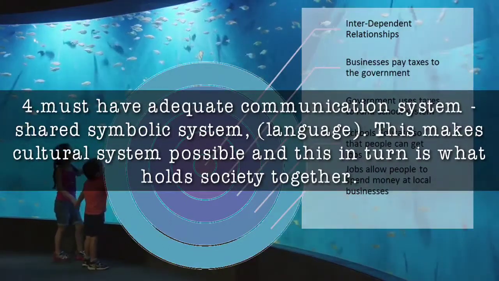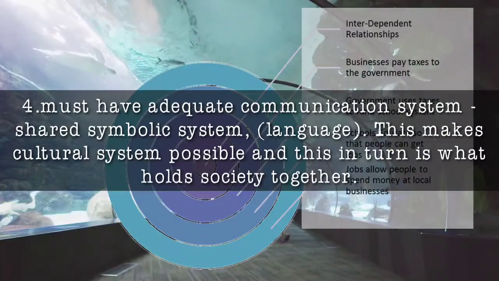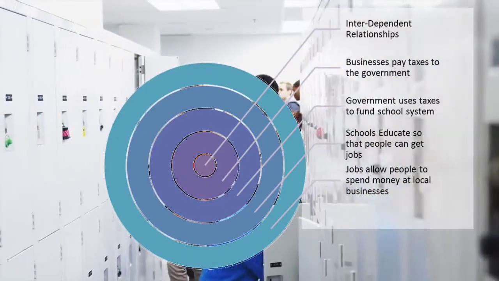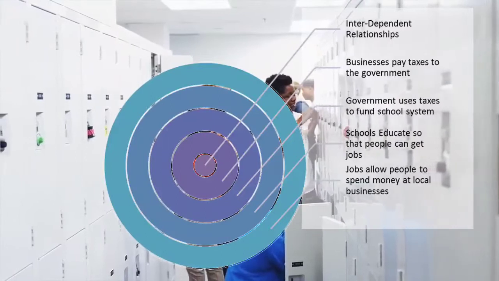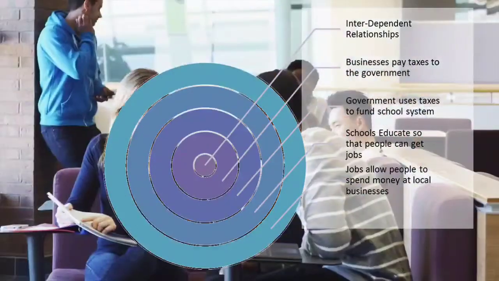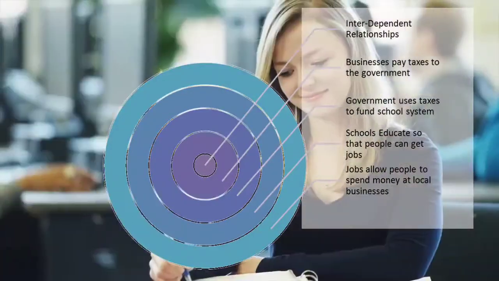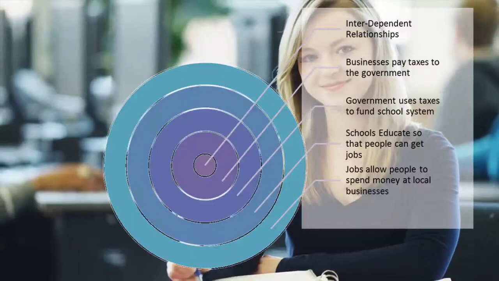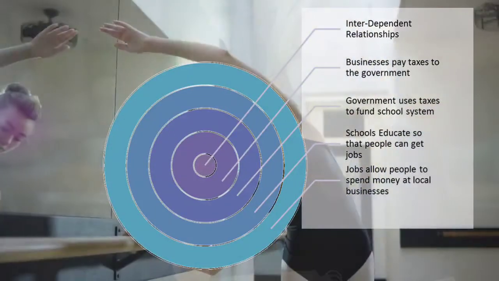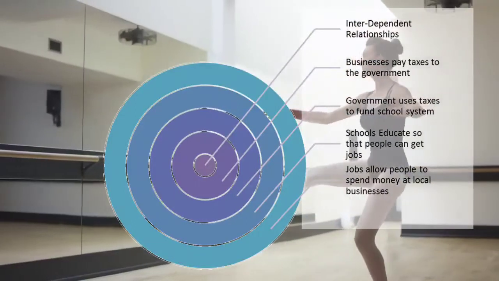Interdependent relationships: businesses pay taxes to government, and government uses the taxes to fund school systems. Since schools are funded by the government, schools educate the people so they can get a decent job. Jobs that allow people to spend money at local businesses. And that's the normal cycle.